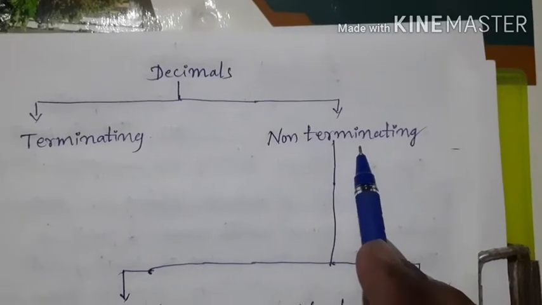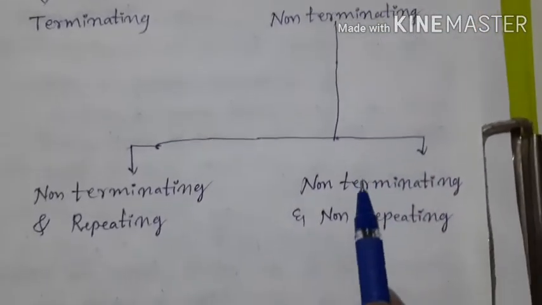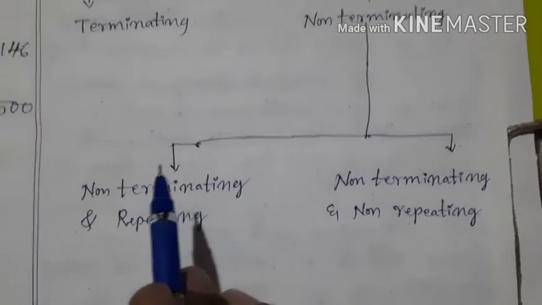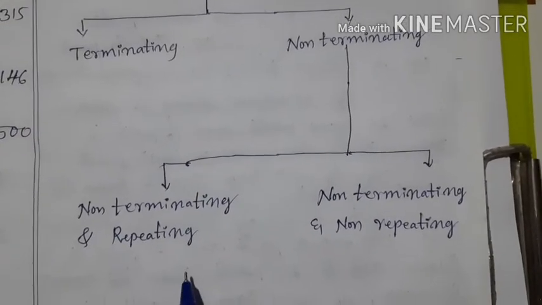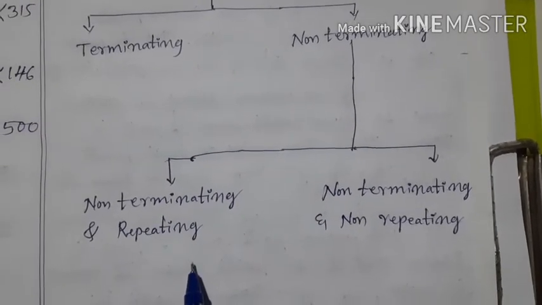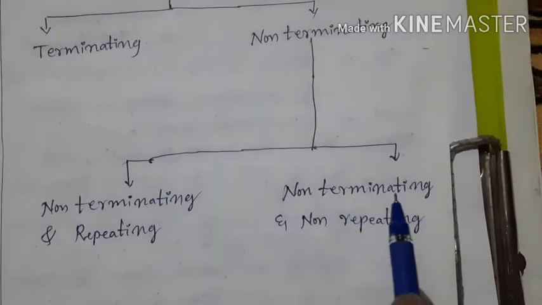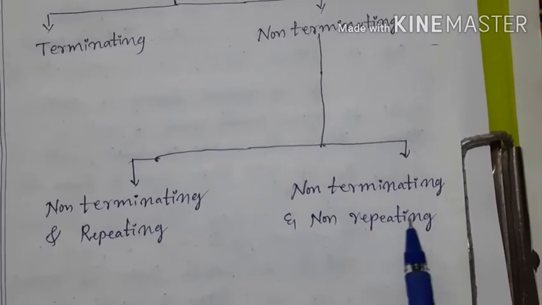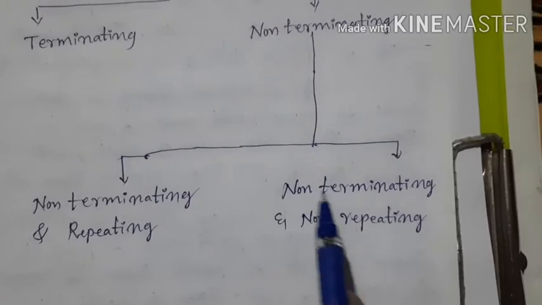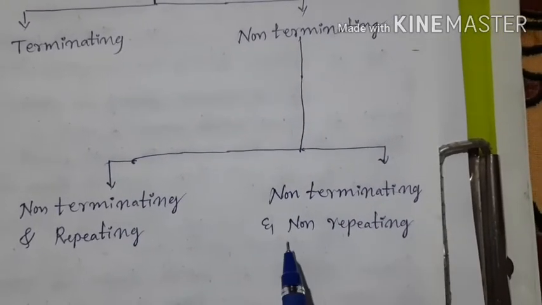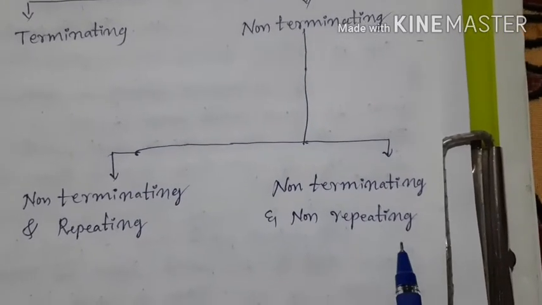Okay. In non-terminating, again there are two types of decimals: non-terminating and repeating decimal or recurring decimal, and non-terminating and non-repeating decimal or non-terminating and non-recurring decimal.